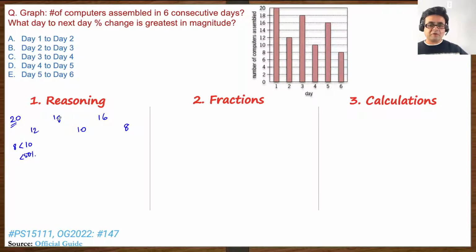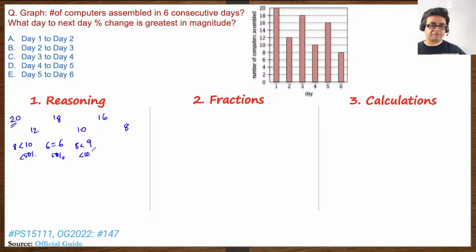All right. 12 to 18 is a change of 6, and the starting point is 12. The 50% of 12 is 6. 12 minus 18 is 6, the magnitude of it. And so the change is exactly 50%, right? Similarly, here the 50% of 18 is 9, and the change is 8, which is less than 9.